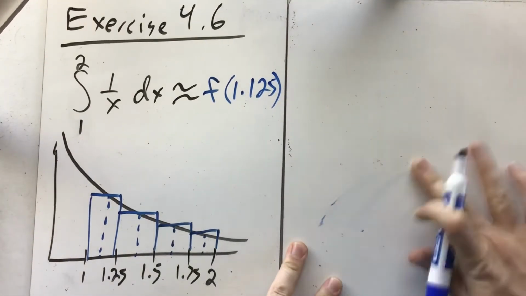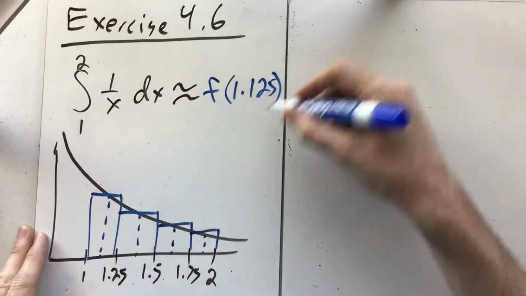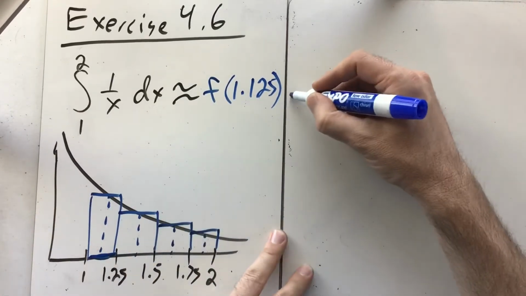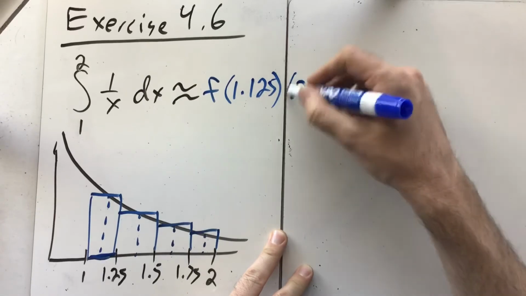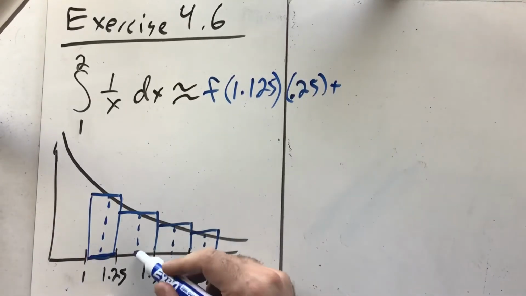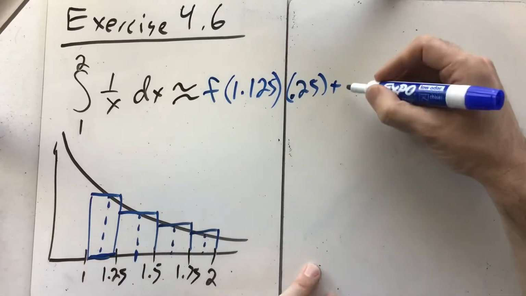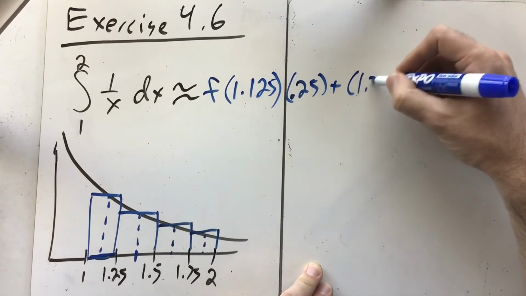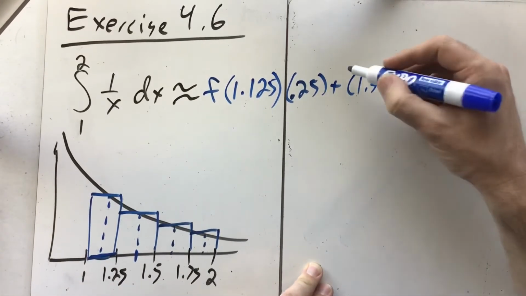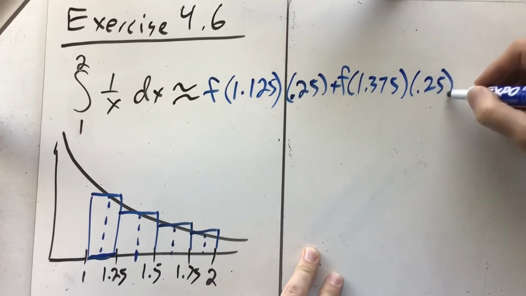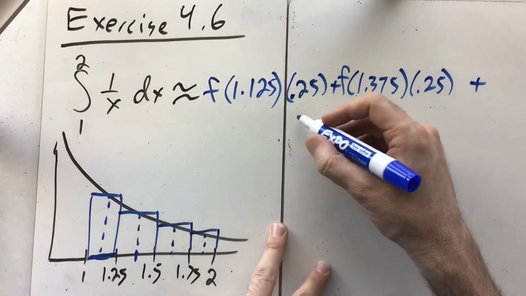Okay, so we got that times the width, and notice our delta x here is 0.25, so times 0.25. And now I do the middle of this section. What is that middle point? It's halfway between 1.25 and 1.5, which is 1.375. I'm going to put that in my function, and then multiply that by 0.25, and then plus, I'm running out of space, so let's come right back here.